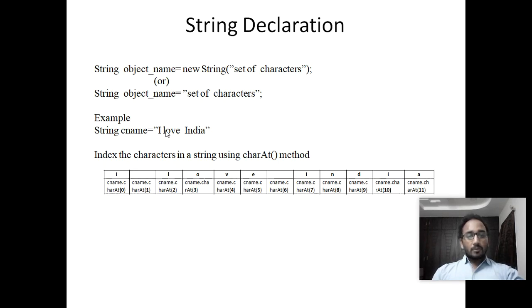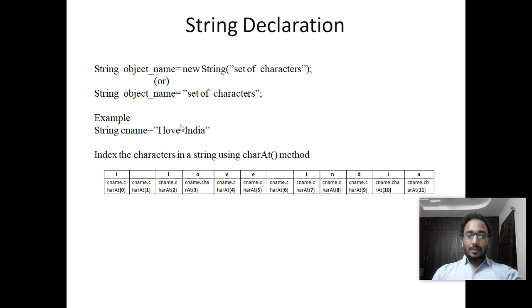If I have to index each and every character, I can make use of the charAt method, which is there in strings. In the charAt method, we specify the index, and with that index, the particular character will be returned.